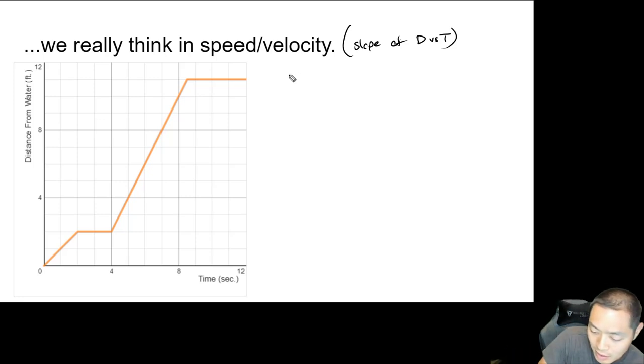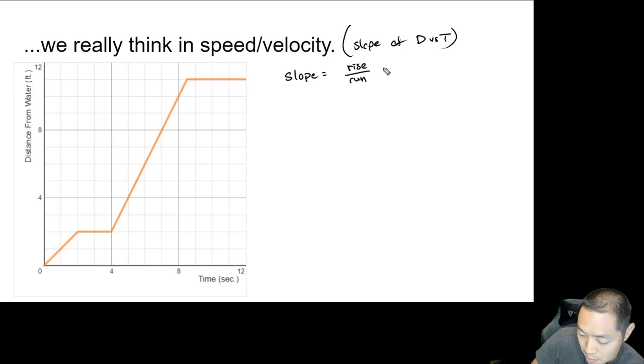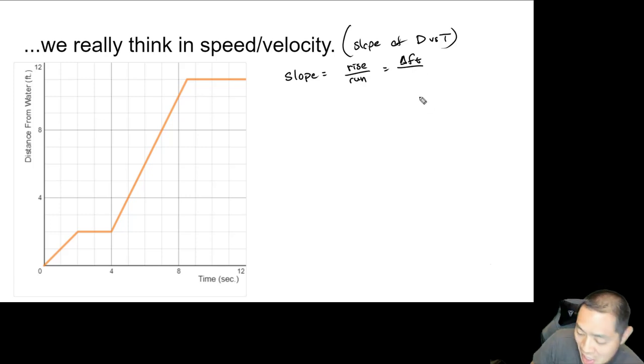So what I said is slope. Well, let's figure out what is slope. Remember, slope is rise over run, right? How much you go up versus down on the graph. In this case, it's change in the rise on this side, which is in feet. I'll be honest, that's another thing I don't like about this one. It should have been in meters or centimeters over change in time.